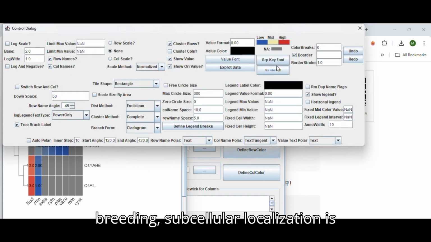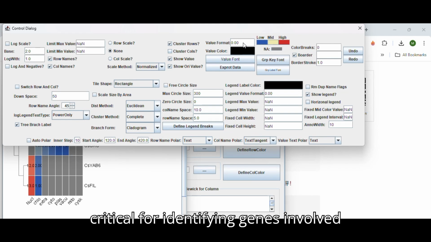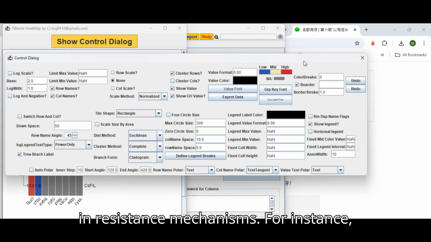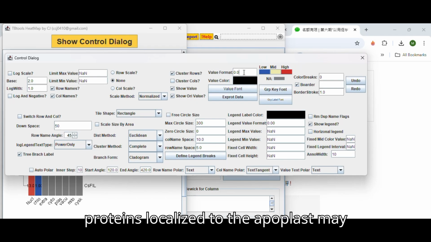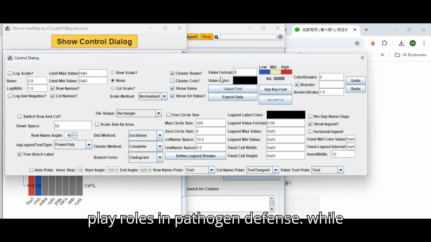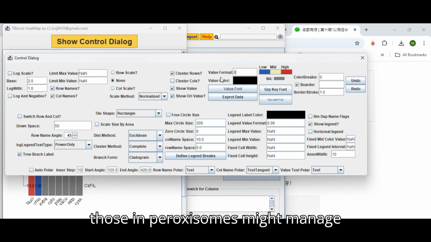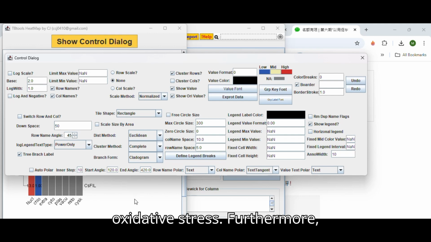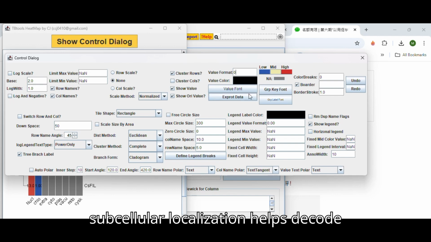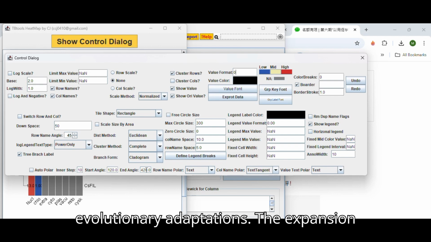In plant breeding, subcellular localization is critical for identifying genes involved in resistance mechanisms. For instance, proteins localized to the apoplast may play roles in pathogen defense, while those in peroxisomes might manage oxidative stress. Furthermore, subcellular localization helps decode evolutionary adaptations.